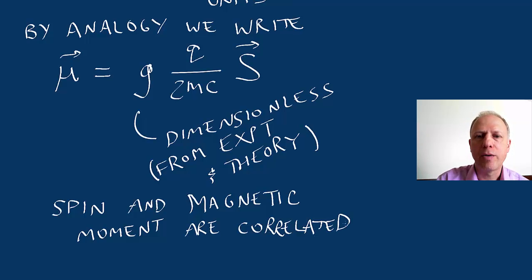Because this equation is saying that the direction of the magnetic moment is the same as the direction of the intrinsic spin angular momentum, or possibly if g is negative or q is negative, they could be in opposite directions, but those are the only possibilities that this equation leaves us.